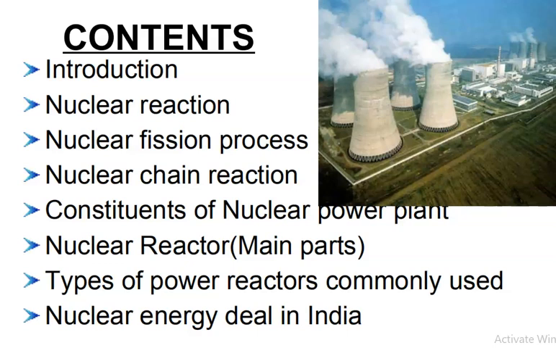In this chapter we will go through the introduction, nuclear reactions, nuclear fission process, nuclear chain reaction, constituents of nuclear power plants, nuclear reactors which are the main part, types of power reactors commonly used, and finally nuclear energy in India.